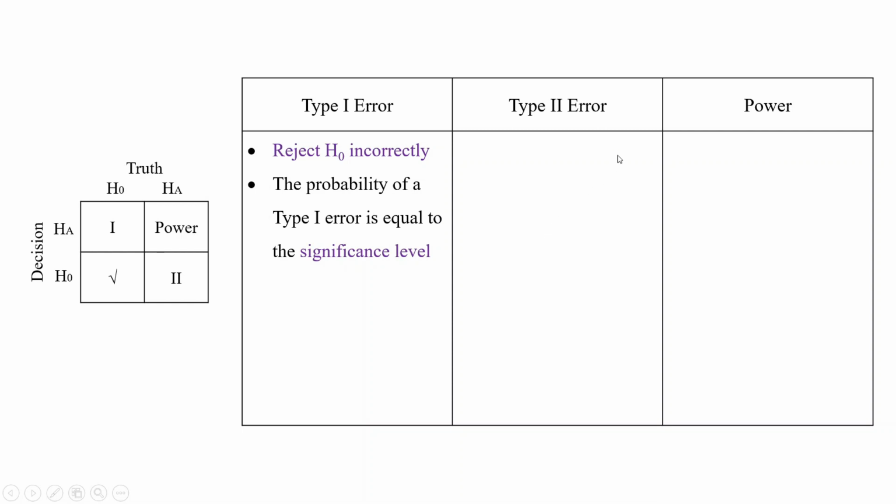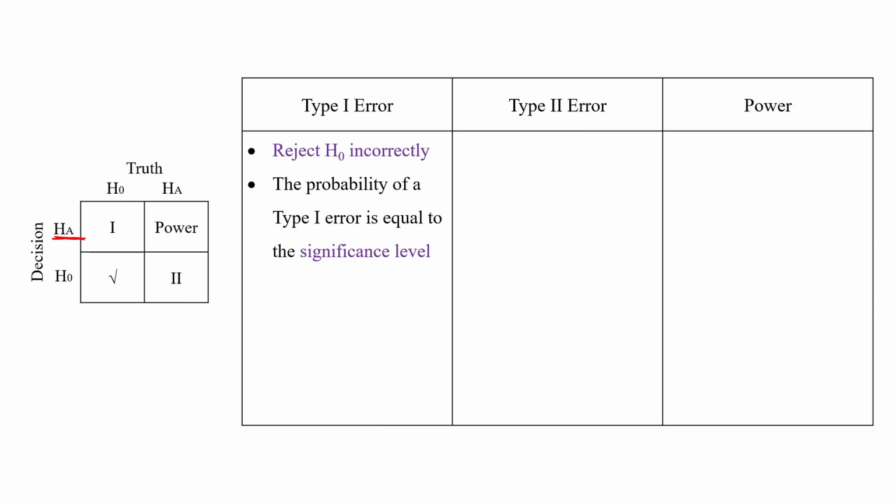Why is it equal to the significance level? Well, remember, the significance level told us how low our p-value had to be. And we said if that p-value was low enough, that means there was a low probability of it occurring. So low that we would say the null was incorrect.